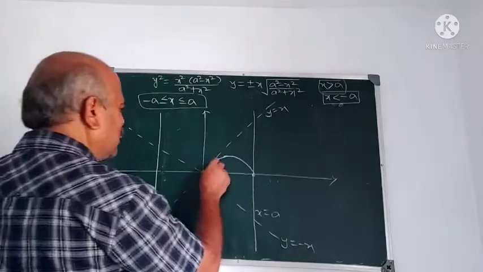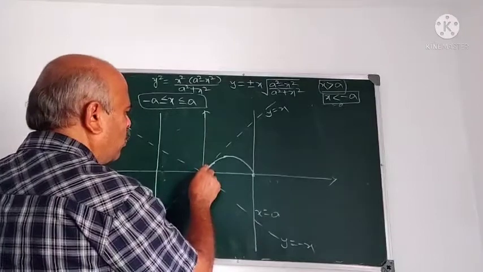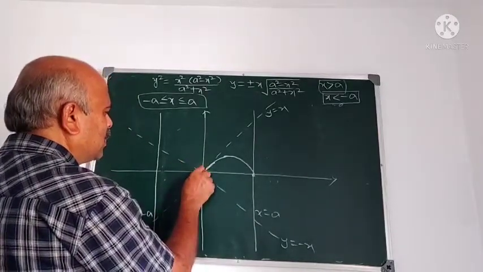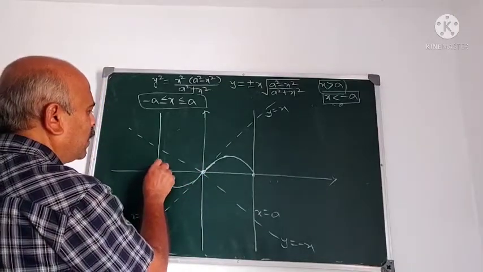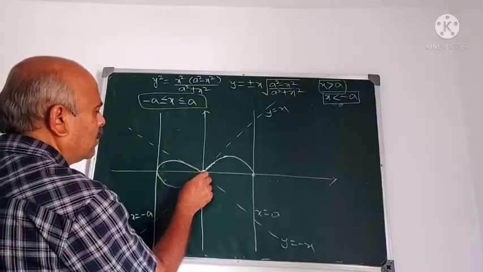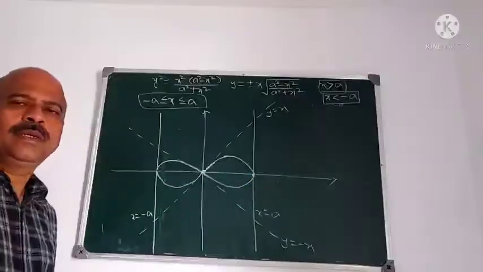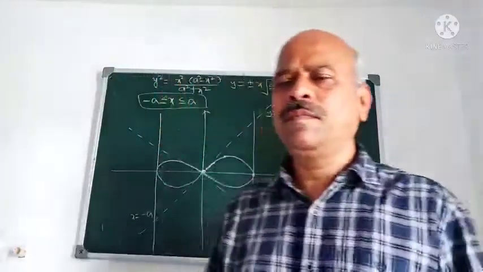Now since the origin is a node and the curve is symmetric about both the axes, you will get this as the curve, and this is the curve, passing through it like this.